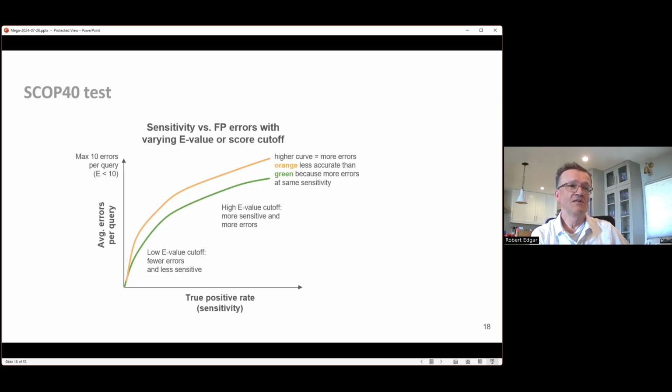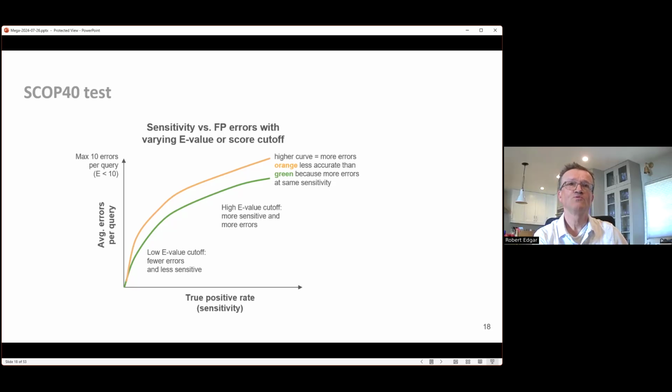The sensitivity is along the x-axis, so we want to go as far as we can along the x-axis, and we don't want to go very high along the y-axis because that means that the errors are increasing. And here I'm going to set how high up the y-axis should we go, and my answer to this is that 10 errors per query is about as high as you would go in practice, because if you have a perfect e-value, that would correspond to an e-value of 10.